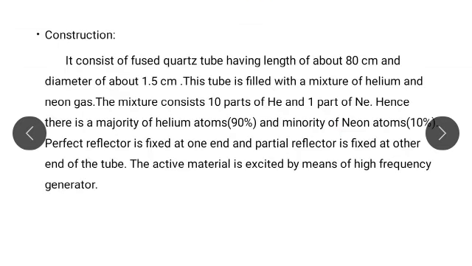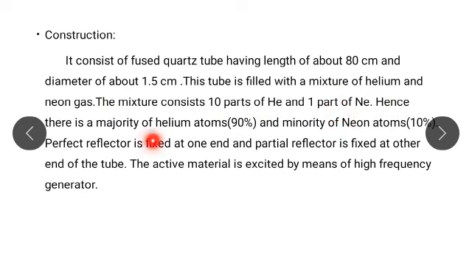Now we see the construction in brief. Here this tube consists of a fused quartz tube having a length of about 80 centimeter and a diameter of about 1.5 centimeter, and this tube is filled with a mixture of helium and neon gas, and the mixture consists of 10 parts of helium and 1 part of neon.